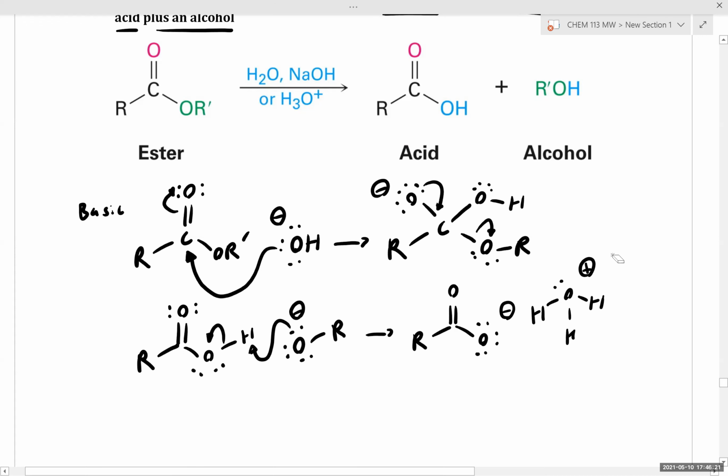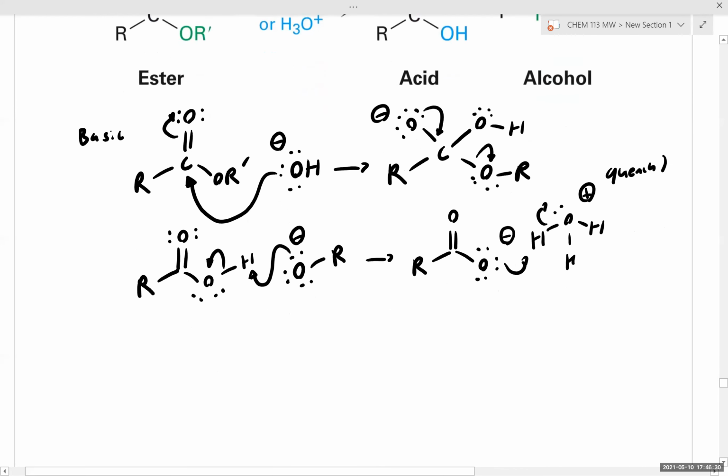So this is just during the quench. Does this mechanism make sense to everyone? Any questions on this mechanism?